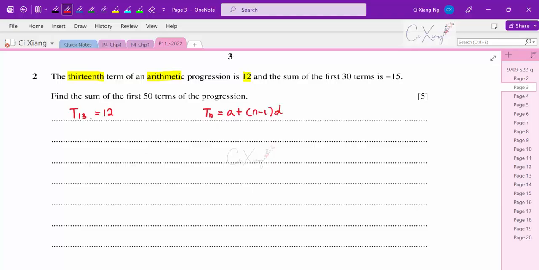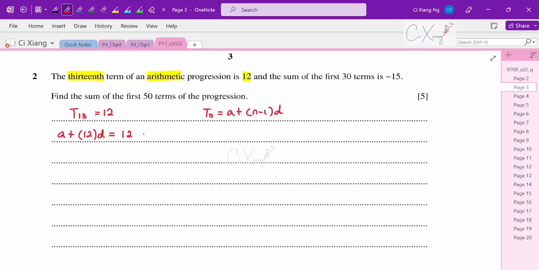Right, so we substitute it into our equation. For T13, the first term a, we actually don't know the value. And then plus n minus 1, where n is 13, so 13 minus 1 gives 12. The value of d we also don't know yet, so we just put it as d, and it equals to 12.